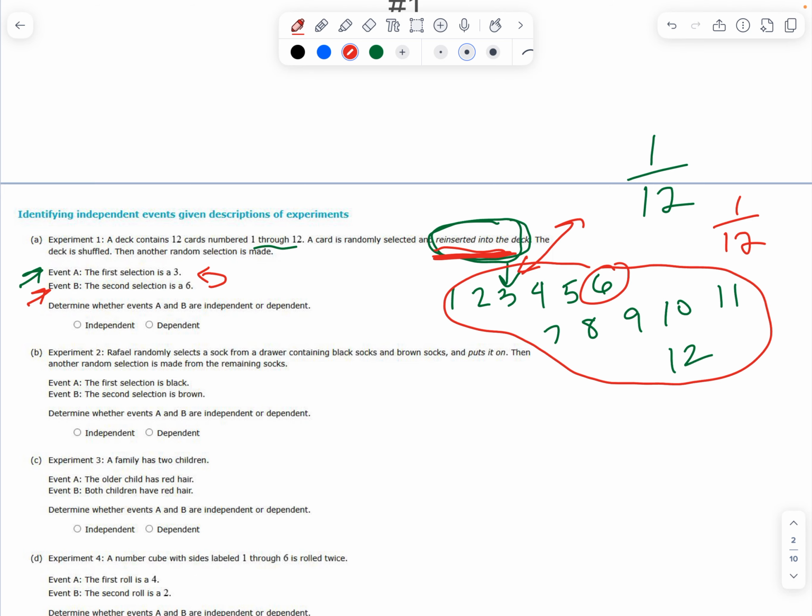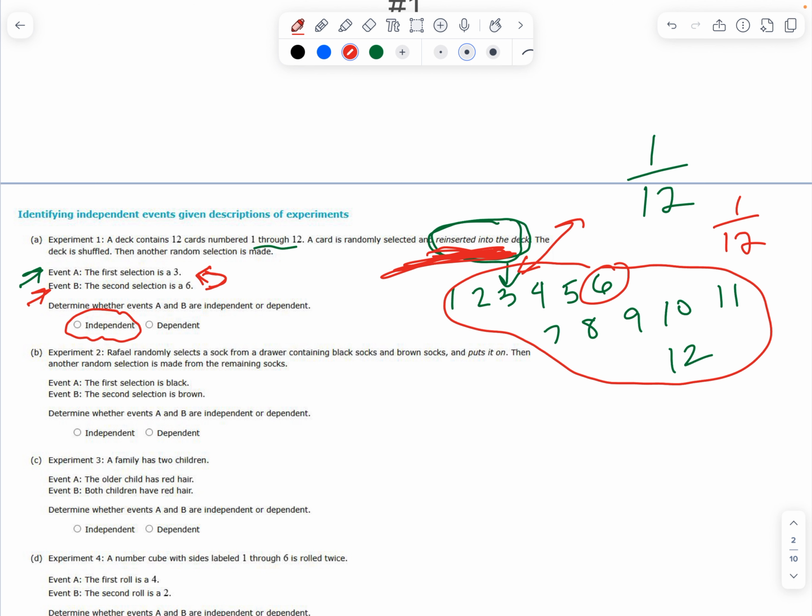So the probability didn't change. That means that they are independent events. Drawing a 6 doesn't depend on whether or not you drew a 3 because you put the card back into the deck. Now, if you had taken that card out and thrown it away, then we would be having a dependent situation.